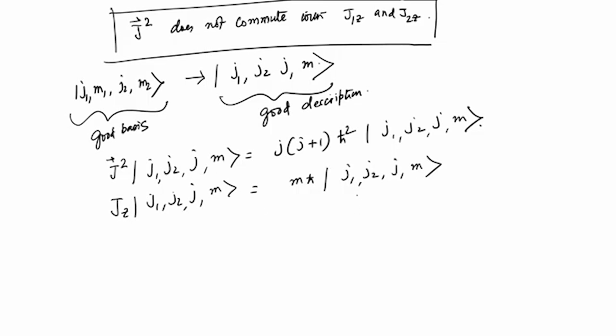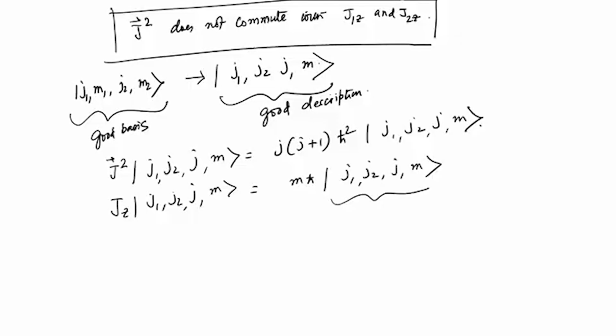So, this is also a good description. We have also shown earlier that J1 M1 J2 M2 is a good description, and now we see that J1 J2 J M is equally a good description.